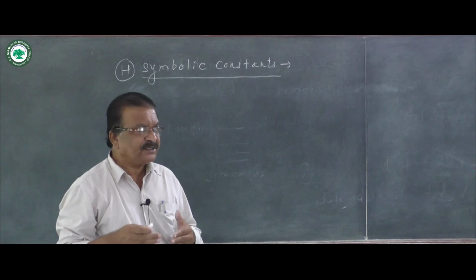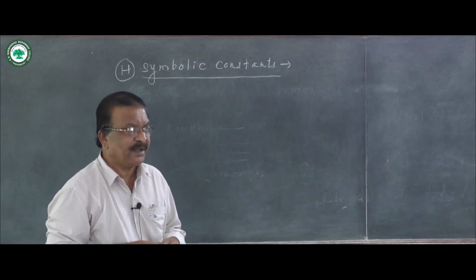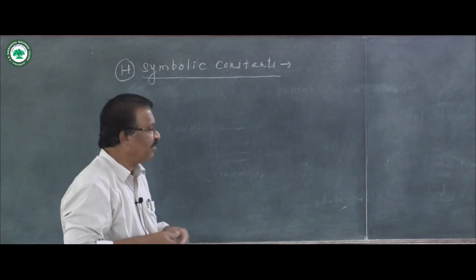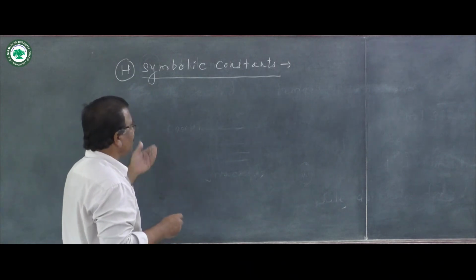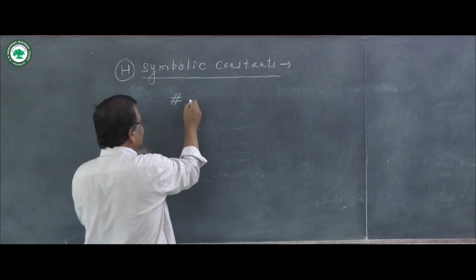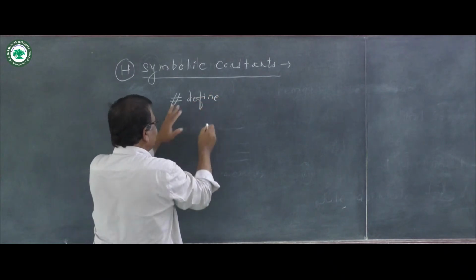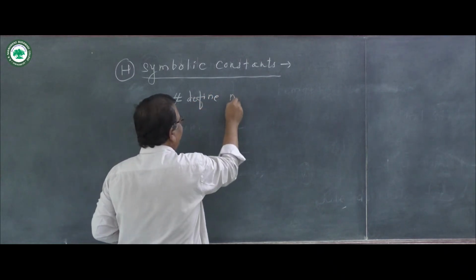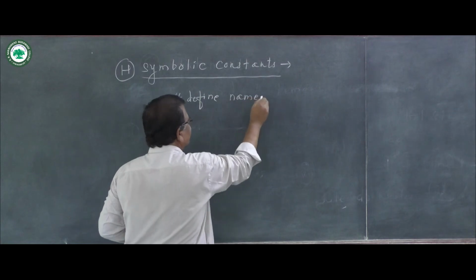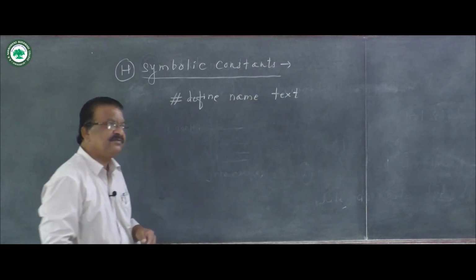These symbolic constants are usually written at the beginning of the program, and the general form of the way a symbolic constant is defined is hash define, with no space between the hash and define, then a space, and then name and text. This is the general form of how a symbolic constant is defined.